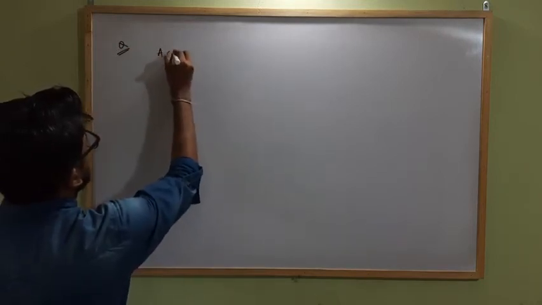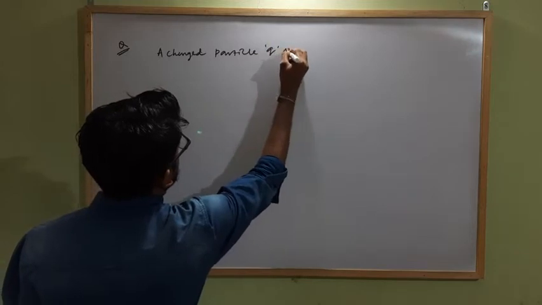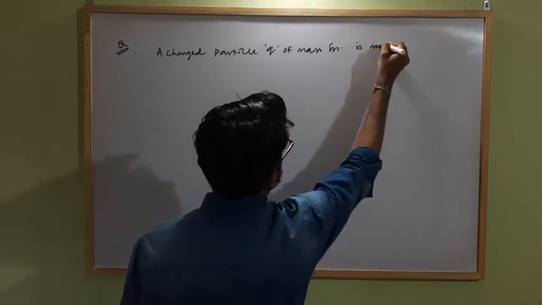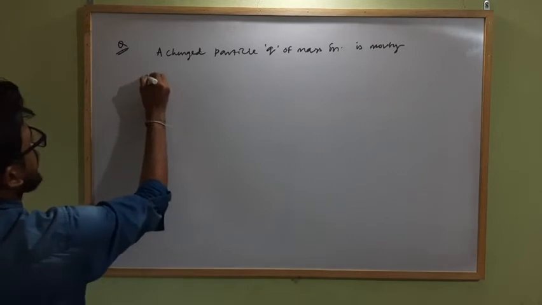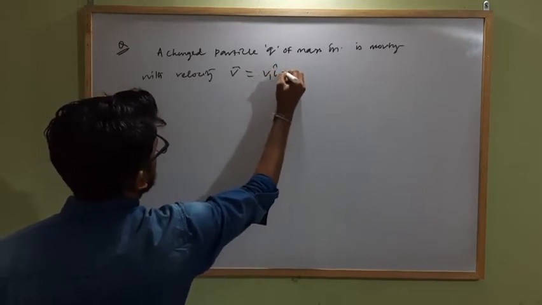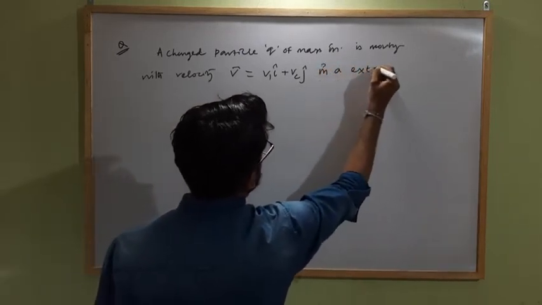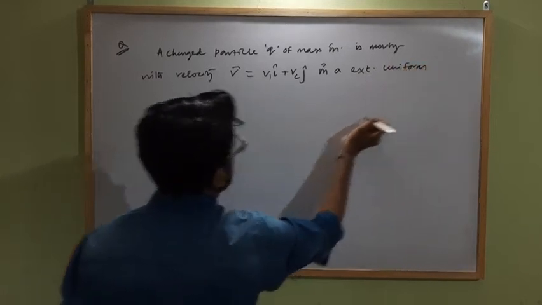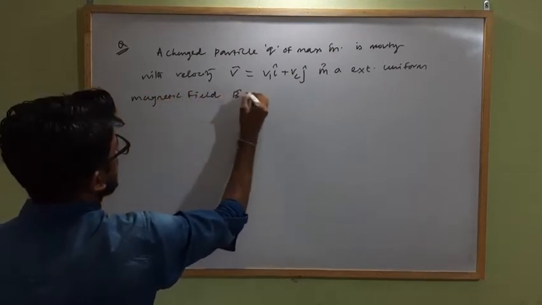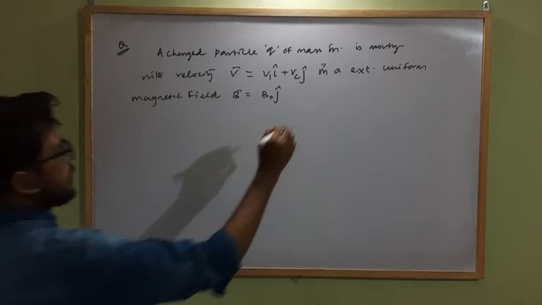A charged particle Q of mass M is moving with velocity v equal to v1 i cap plus v2 j cap in an external uniform magnetic field B naught j cap.